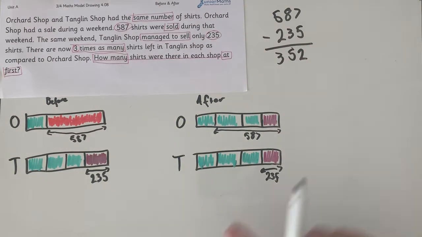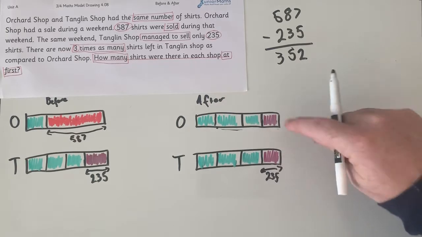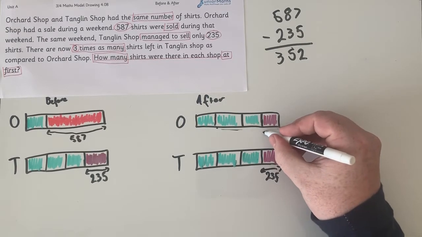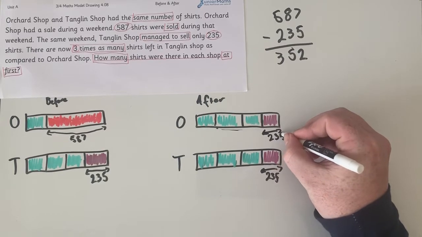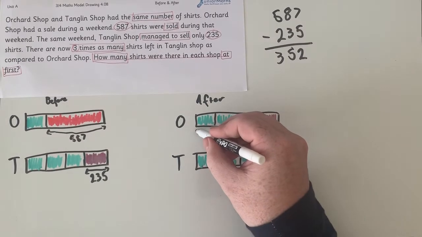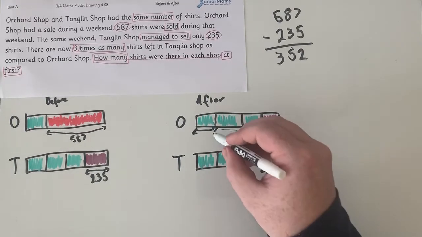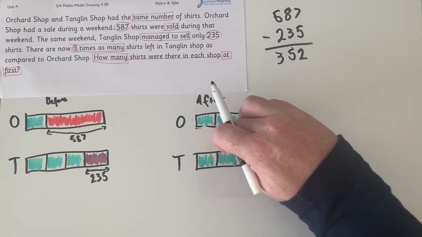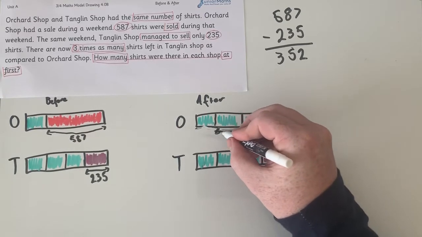So that means, if I go back here, this now is worth 235. And 1 equal part is worth, 2 equal parts. I apologise, I've jumped a step. I'll do it here so that we can see.